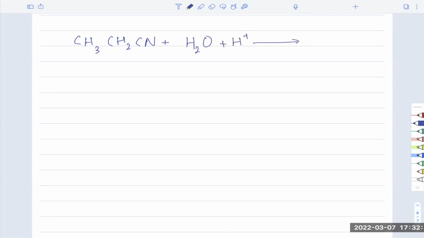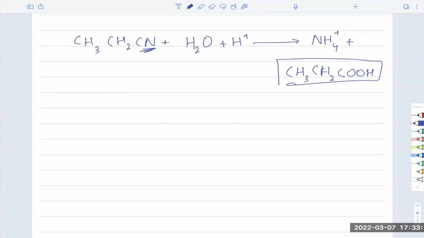The nitrogen takes the H positive and forms ammonium, and the carbon converts to a carboxylic acid. So the carbon where the nitrogen was gets COOH, and you're able to get this compound here. Through an acid, you have converted a nitrile into a carboxylic acid.